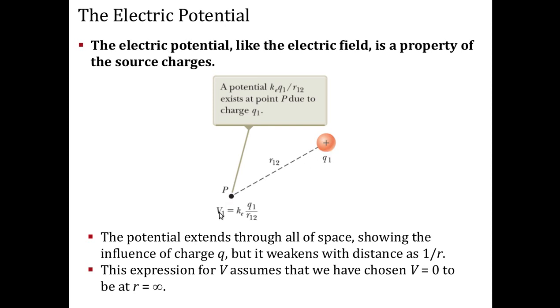V is also a scalar, so this is a scalar field, right? So it doesn't have direction, but it could be positive or negative. Notice, it's a positive potential here because I have a positive charge. If this was a negative charge, my potential would be negative here. Okay.